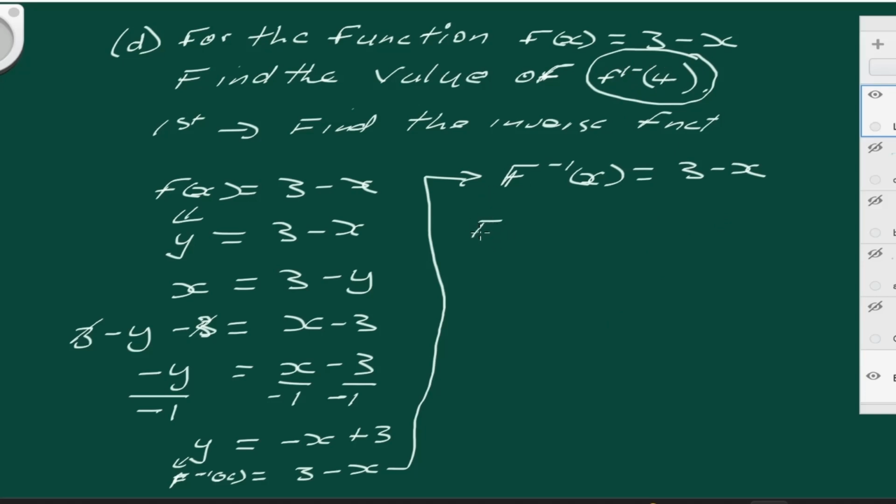So the first step is to work out the inverse of the function, and this is the process of working out the inverse of the function. Now that we have the inverse function, which is f inverse x equals 3 minus x, we need now to work out the value of the inverse function when the input value to that function is 4.